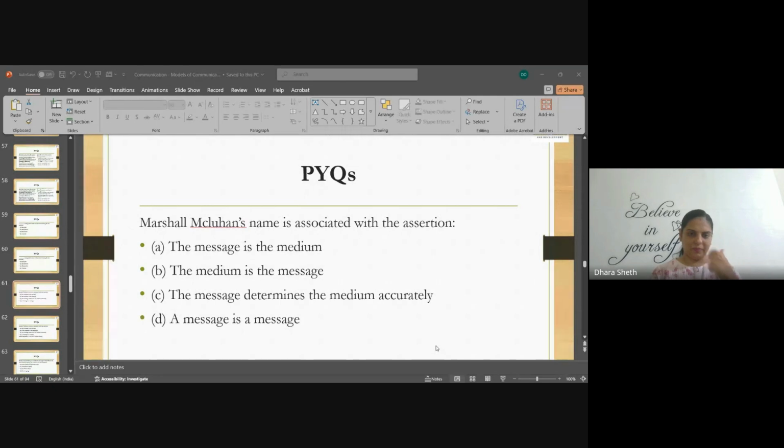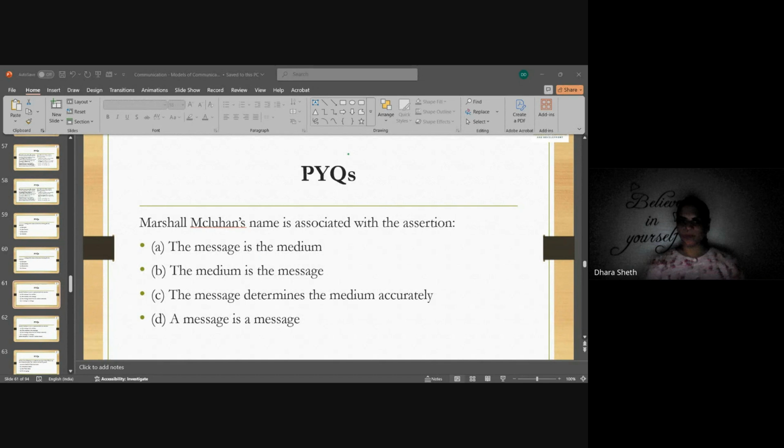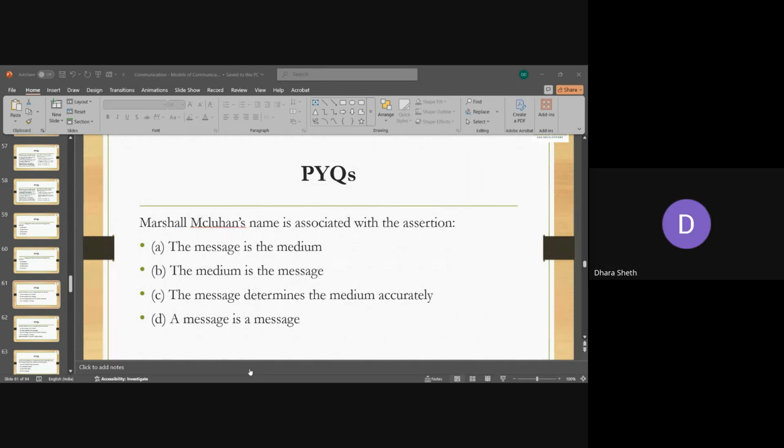B. B and C. Is this light visible, guys? I shut off my camera because there's no electricity. So, okay. Let's go to the answer.